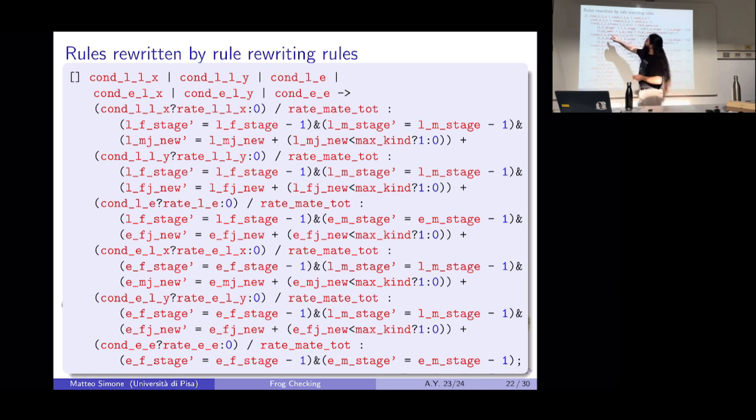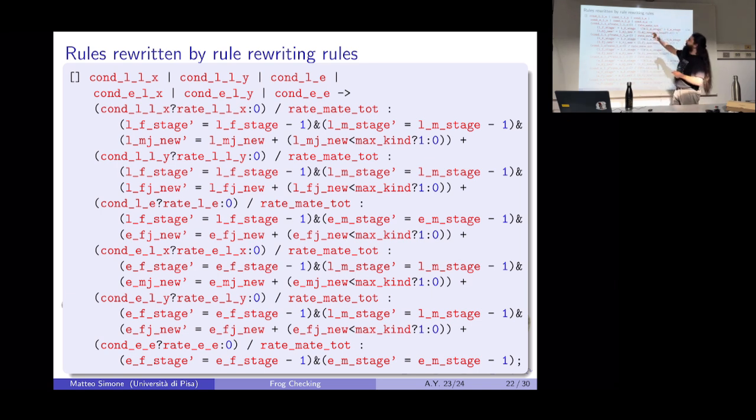Then we have, can we apply the rule LLX, meaning female Lessona, male Lessona that produce a female juvenile? If we can, then we take this probability of applying the update over the total rate.